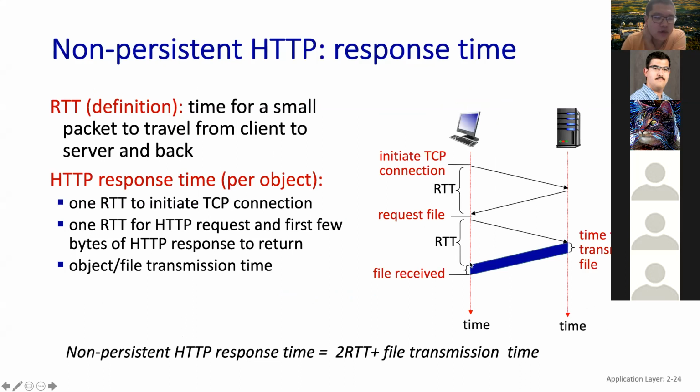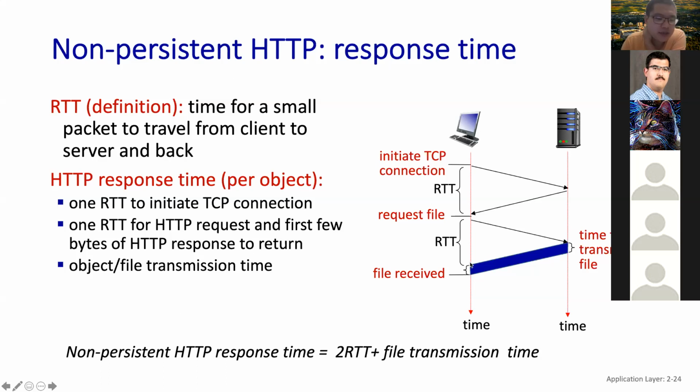So we were talking about the HTTP protocol, right? That's an application layer protocol. So we talked about two different kinds of HTTP protocols. One is non-persistent HTTP, another is persistent HTTP.